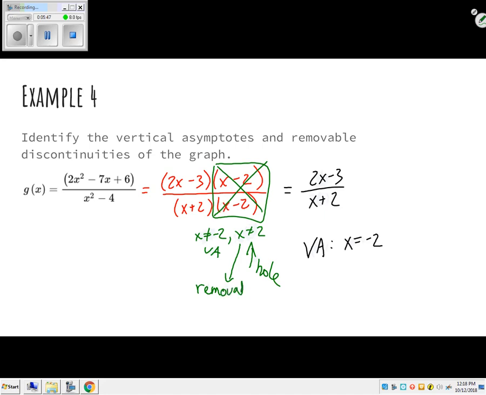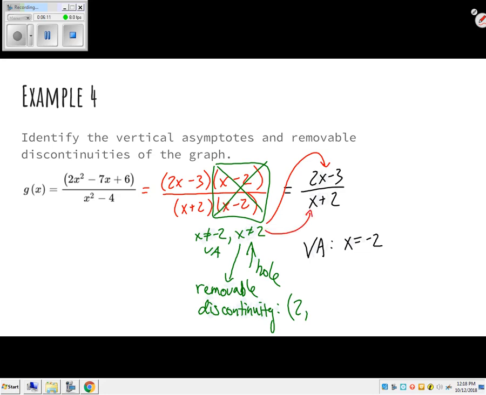Let's see, removable discontinuity. Okay, so the removable discontinuity is going to be, well, it's going to be at 2 something. Okay, and to find out what it is going to be, I'm going to take that 2 and I'm going to plug it back in for these x's on my reduced equation.